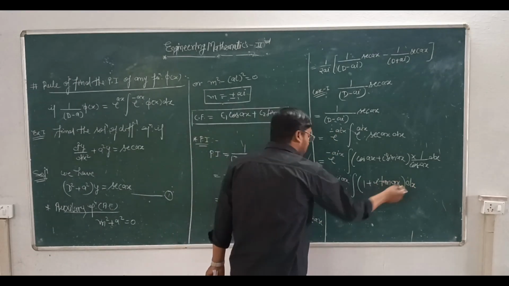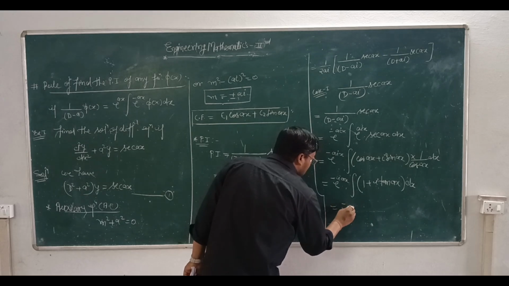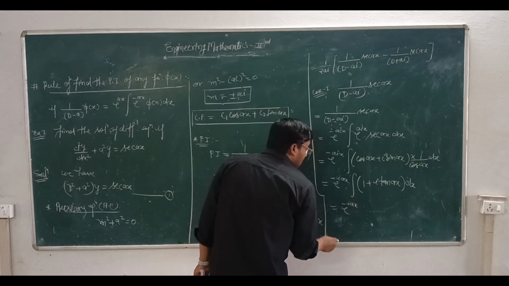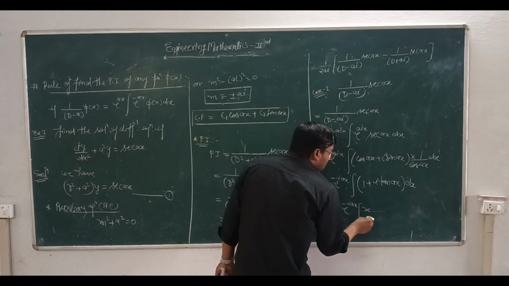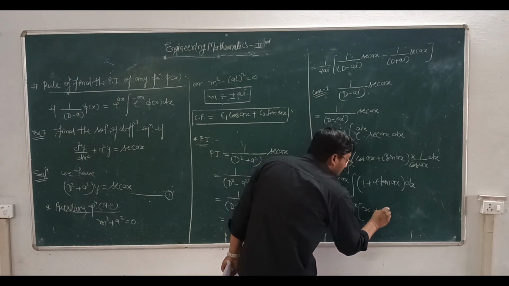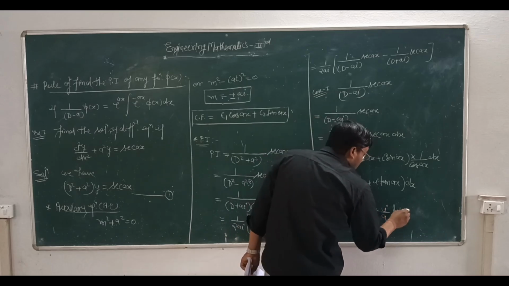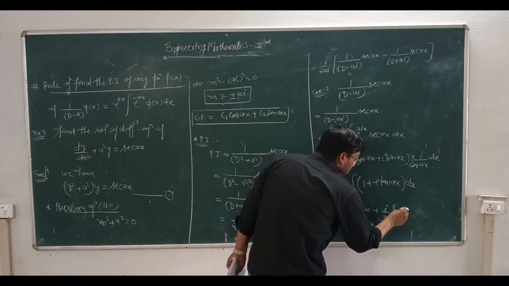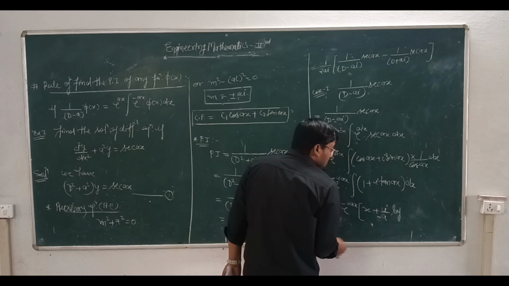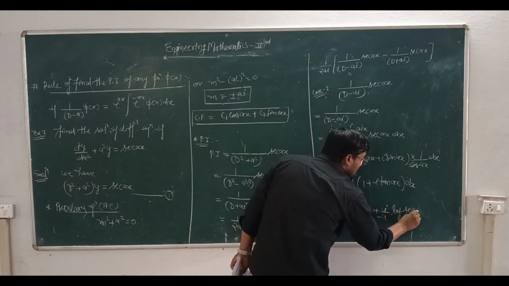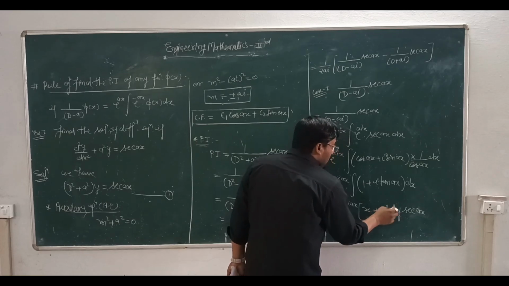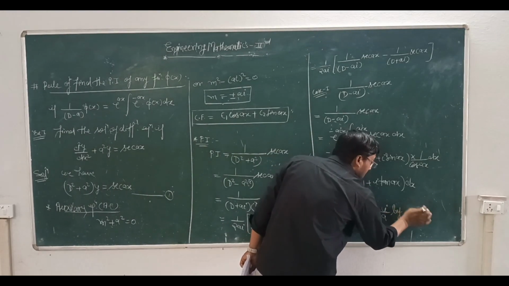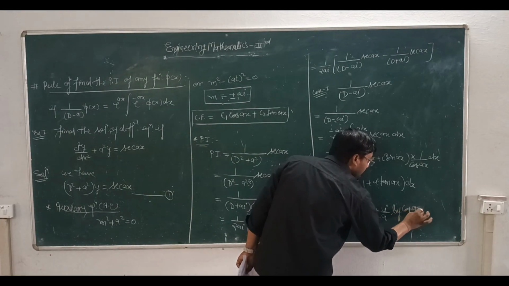Now you can integrate this function. You can write e to the power minus iax bracket x plus i upon a log sec ax, or you can simply write log cos ax.